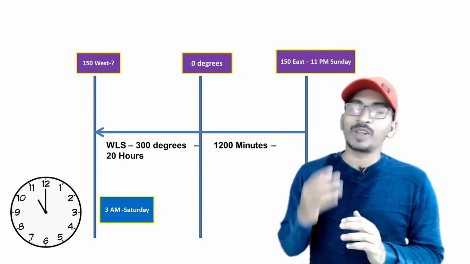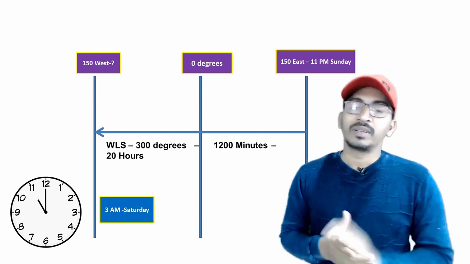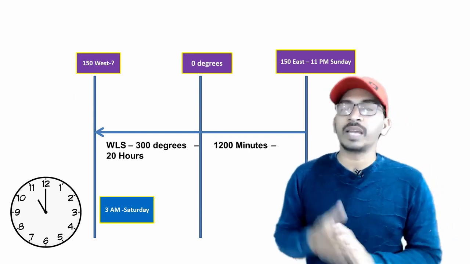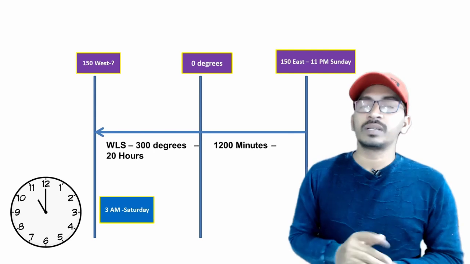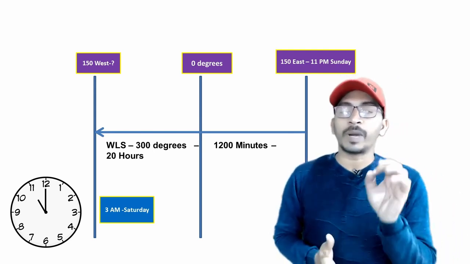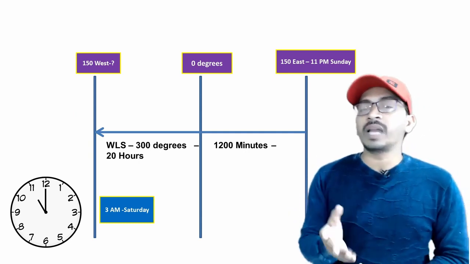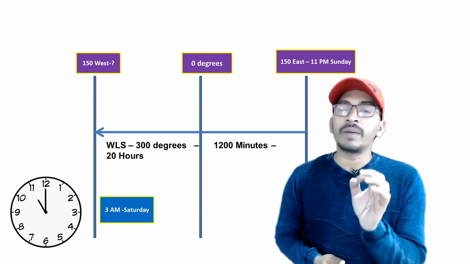Suppose a person thought about moving towards the prime meridian and then going to 150 degrees west. Then he must cross 0 degrees, then he must go another 150 degrees where the particular location is placed. So 300 degrees of travel, 300 into 4, 1200 minutes of difference.